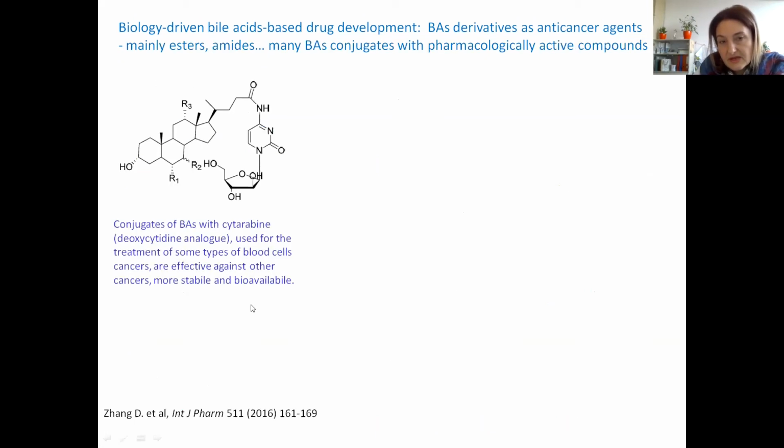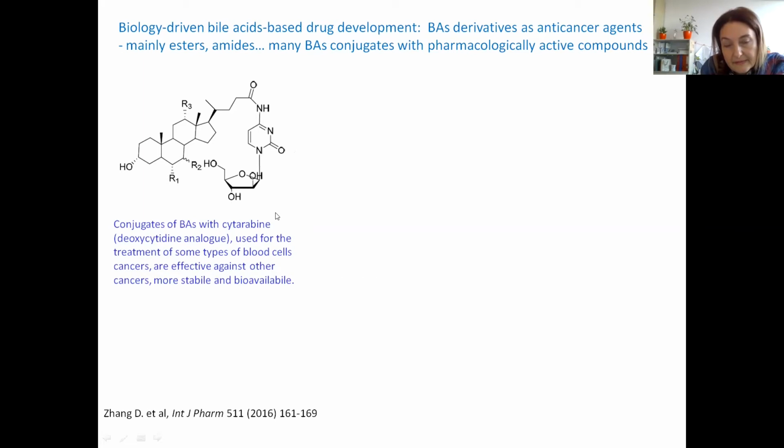On the other hand, condensation reactions are always used for the synthesis of potentially active bile acid derivatives. I told you before that many amides, many esters, many amines, or similar simply synthesized compounds are made. If a bile acid is connected with another pharmacophore, this compound could be even more effective than the original compounds.